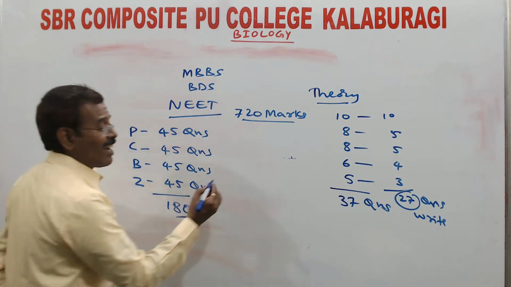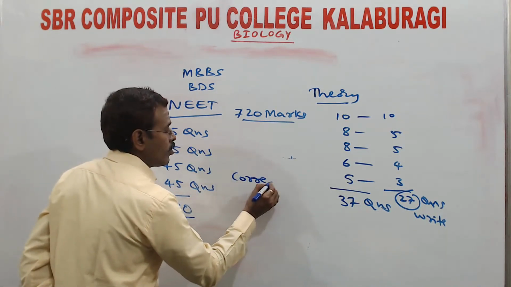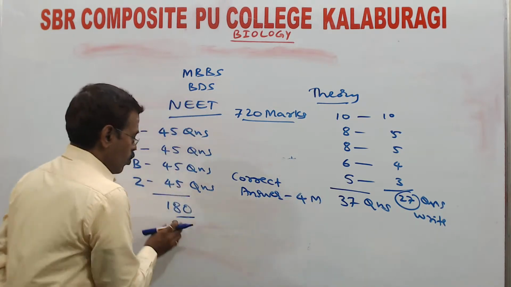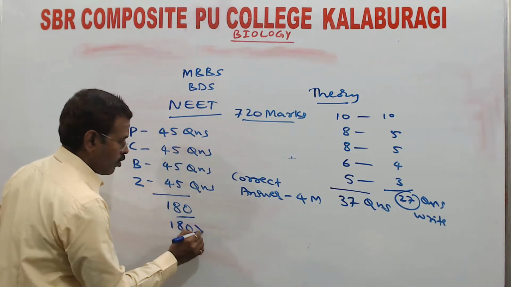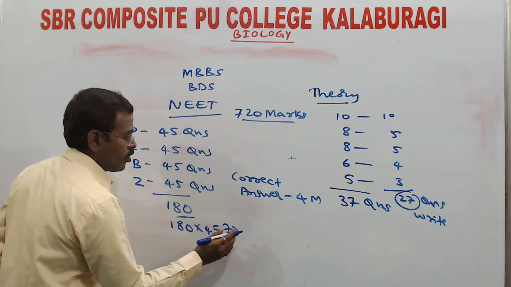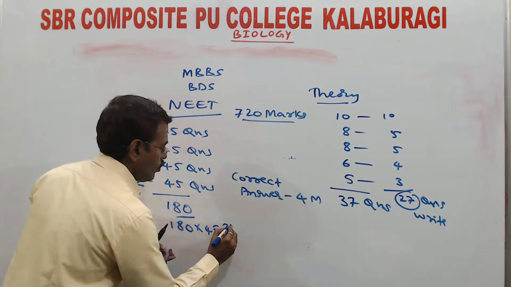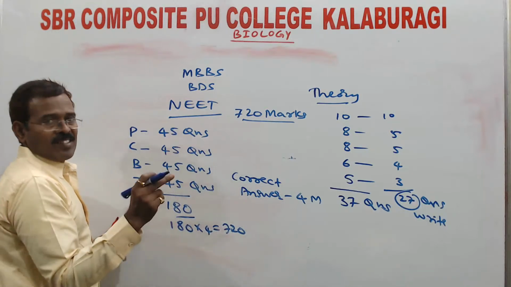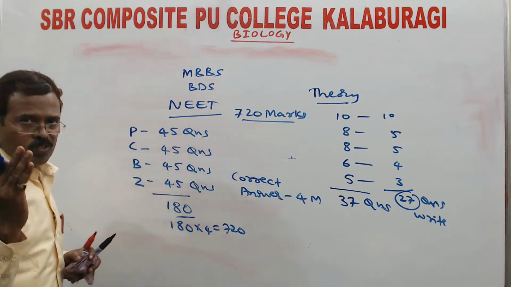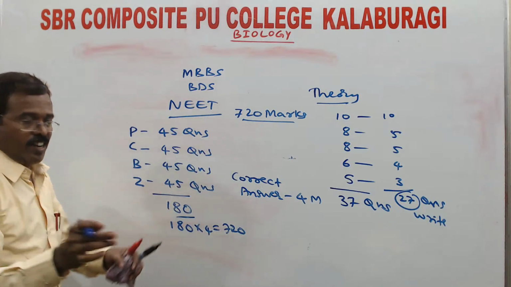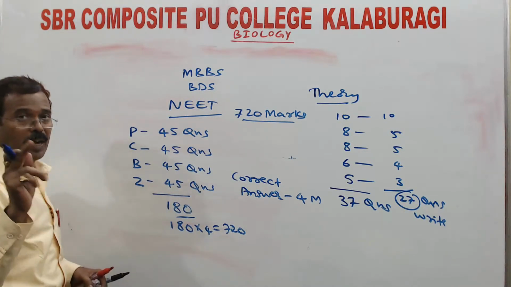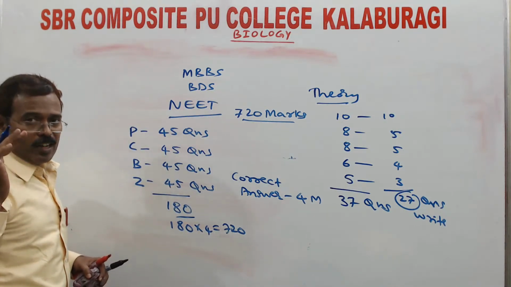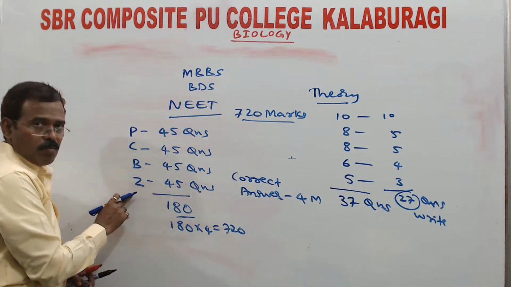Every correct answer is 4 marks. So 180 into 4 is 720 marks. Remember, in NEET we have 4 subjects. Biology is bifurcated here, botany and zoology separately. That's why biology weightage is more in the NEET exam. If you want to get a medical seat, we have to do well in biology.